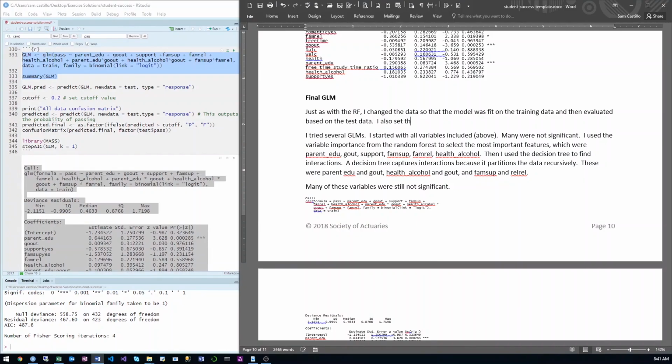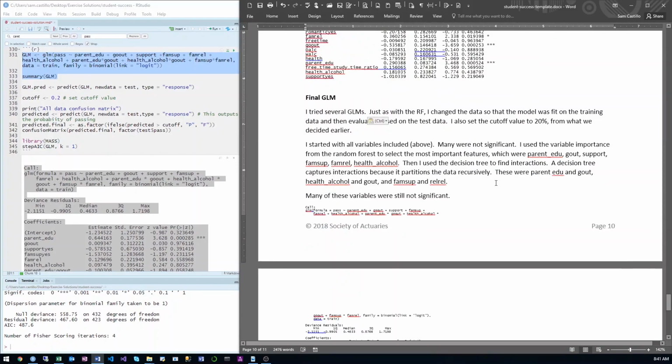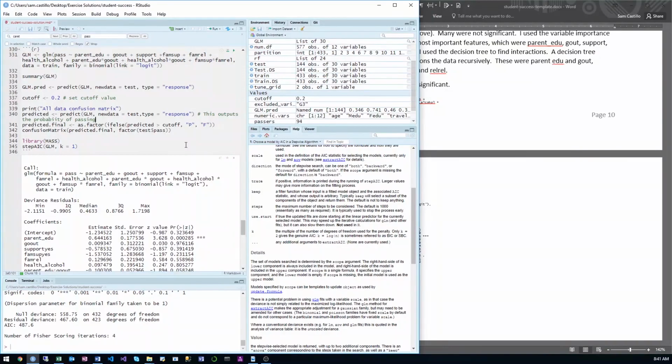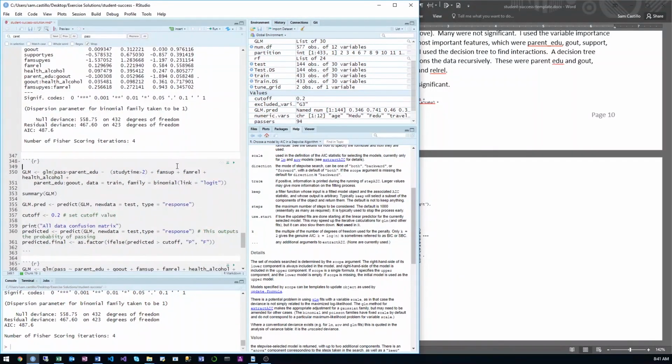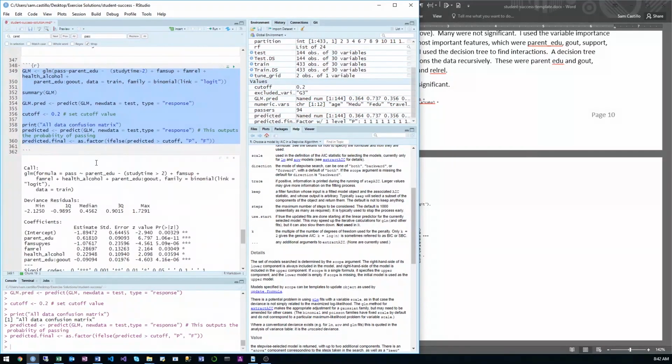I also set the cutoff value to 20% from what we decided earlier. So I'm just trying to narrate my process so that when a grader reads it, they can say, oh yes, I see what he did here. This makes sense. And this might change depending on the question on the exam. But in general, if you can just show that you are making steps to improve the model, you're documenting those steps, that should be sufficient.